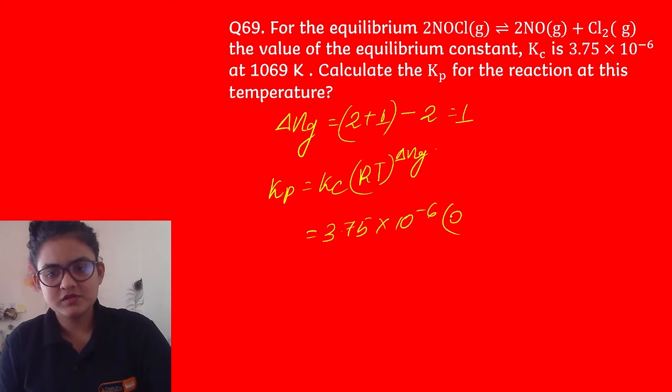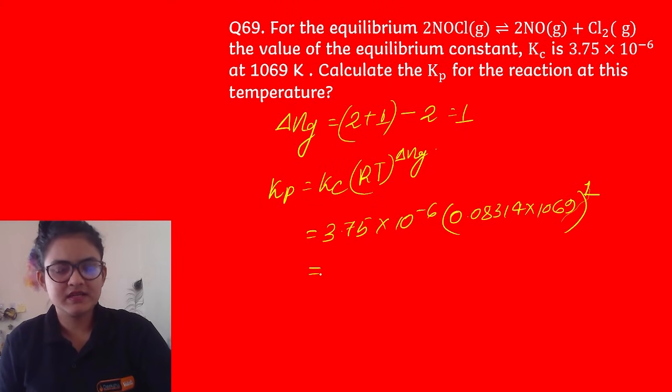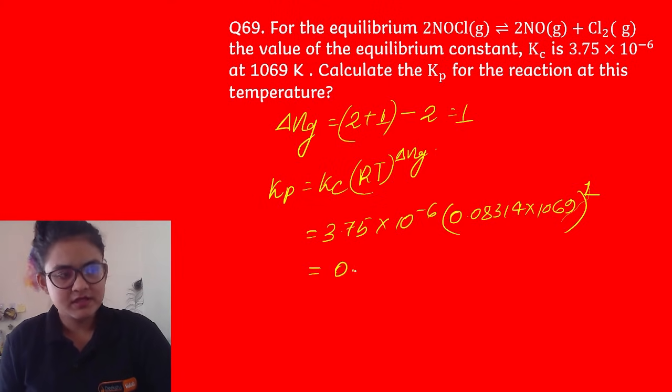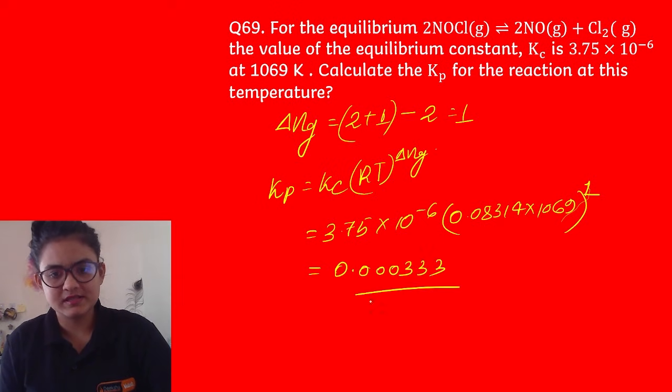R value we know, 0.08314, into 1069, which is the temperature, power delta n, which is 1, right? Now I can calculate, and your Kp will come almost 0.000333. This is the answer.